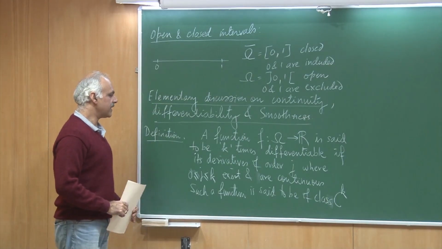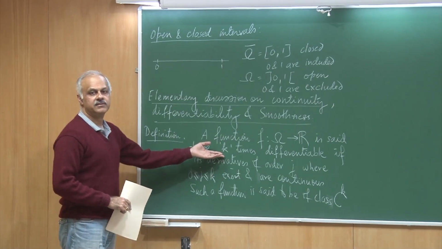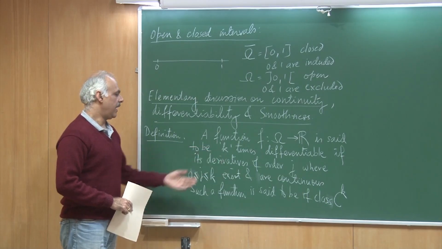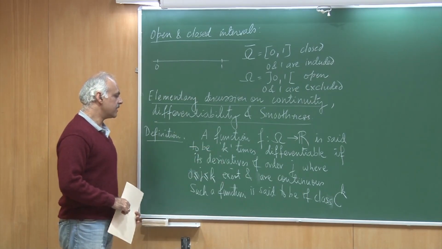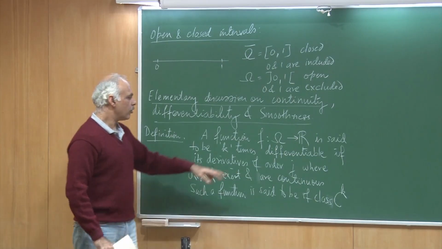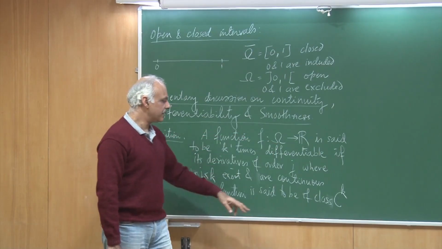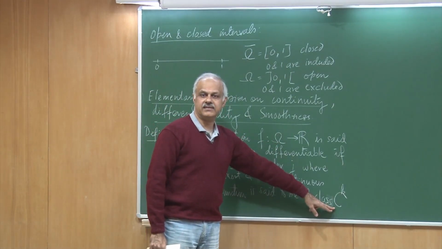So what we are saying is that if I have a function which I can differentiate k times, and if the derivative, the existing derivative of course exists and it is continuous over this open interval omega, then I will claim it belongs to the class Ck.